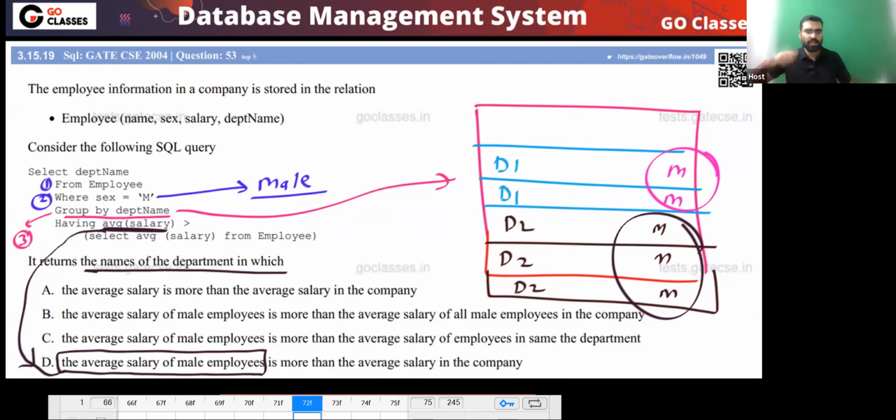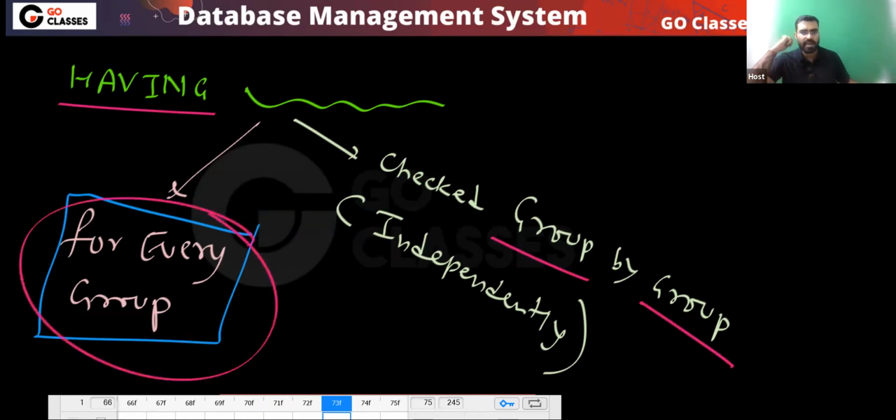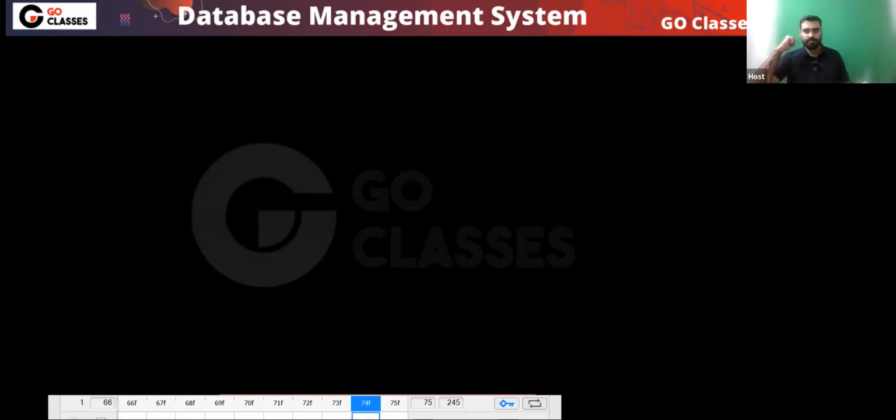Okay, so these small points you have to take care. Very small points, but you have to take care. Because the having clause applies group by group, that will execute for every group. That will check every group.